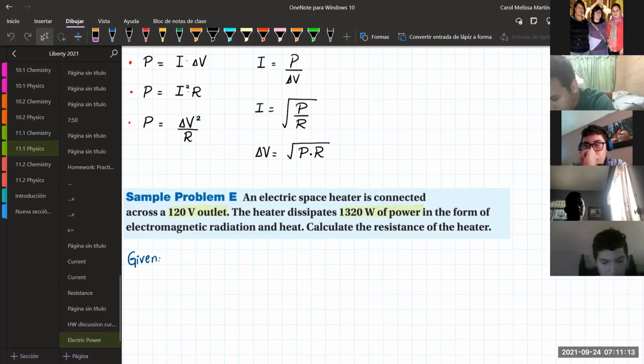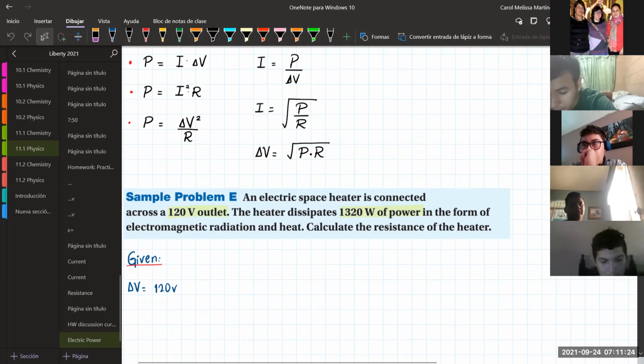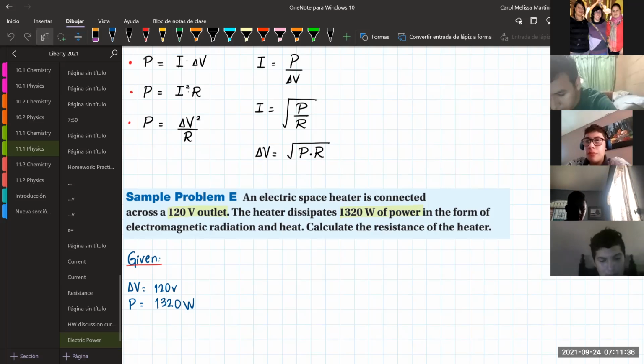What equation will be more accurate to use? I have potential difference, that is 120 volts. I have power, that is 1320 watts. So what is going to be the equation to use to find the resistance?